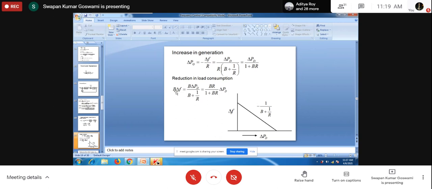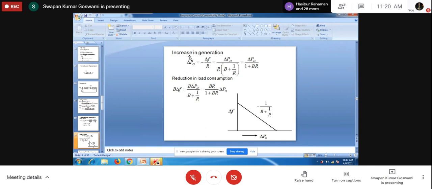And what is the value of B delta F? We put the value of delta F. It is Br by 1 plus Br into delta PD. This is the value of the change in demand, that means the reduction in power demand. So you see that because the load has changed, the frequency has varied, in response to the increase in demand, the frequency has decreased.